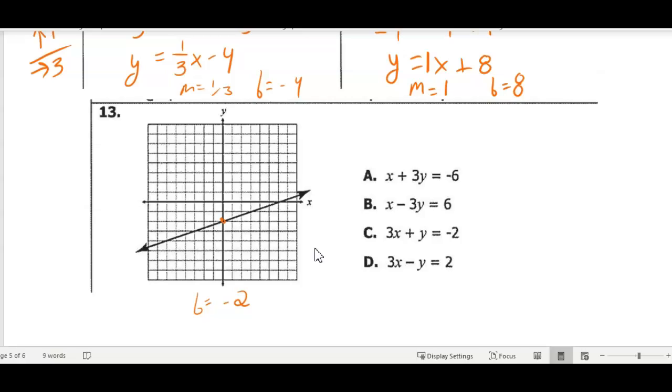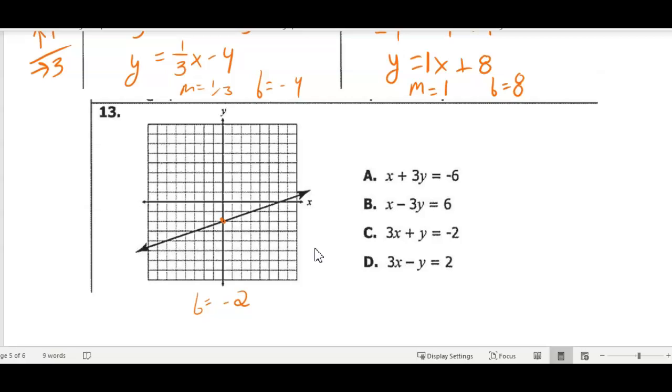And this one here, I would be dividing by negative 1. So all of these are going to have a y-intercept of negative 2, so that didn't really help. So I can start going over here and just doing some of these. If I do the first step kind of on the fly, you need to show some work here. If you just write down A, B, C, or D without any proof of how you did it, I'm going to send it back to you and have you do it again.